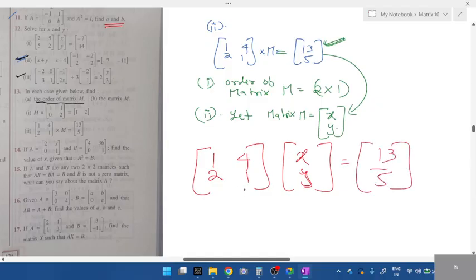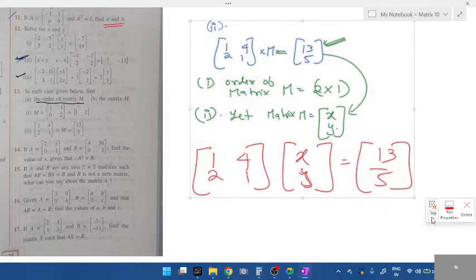On the left hand side we have 2 columns and 2 rows. Multiply, equate and find X and Y values.